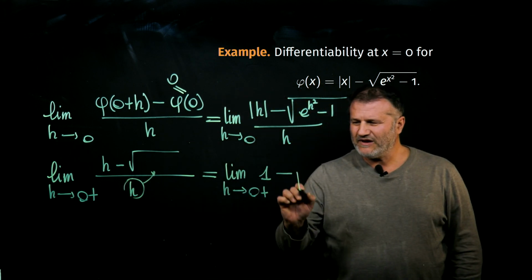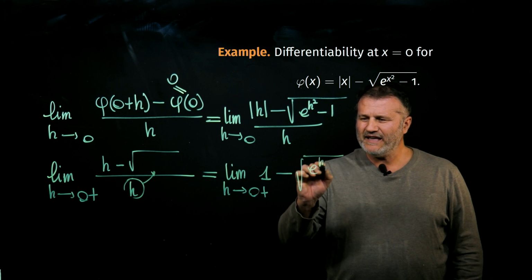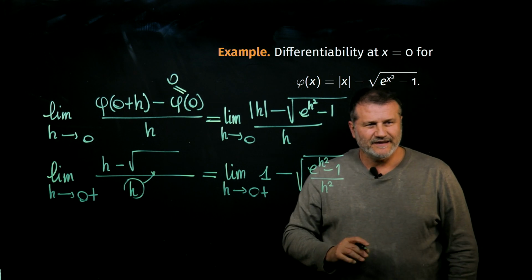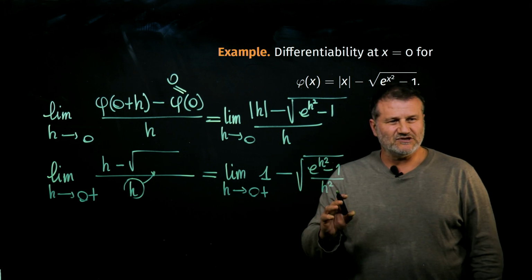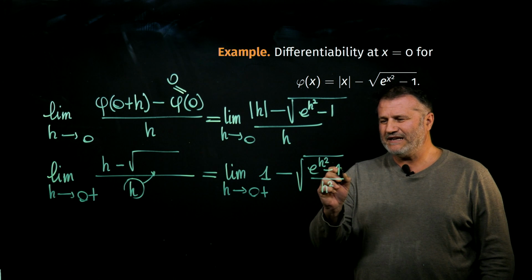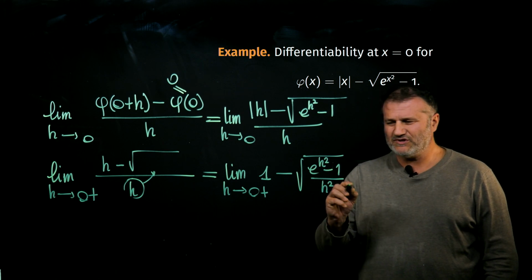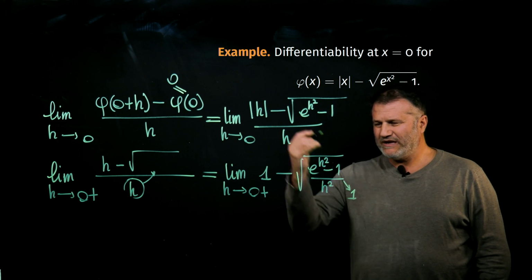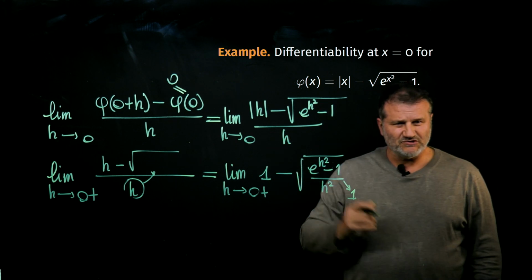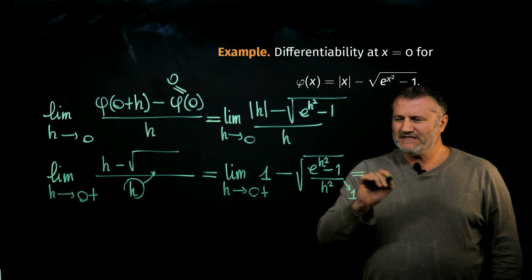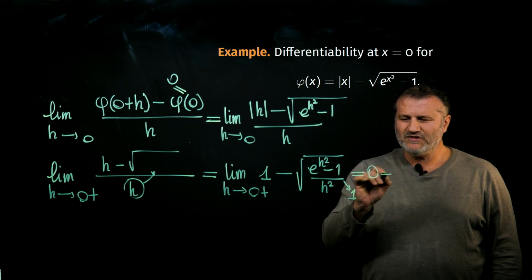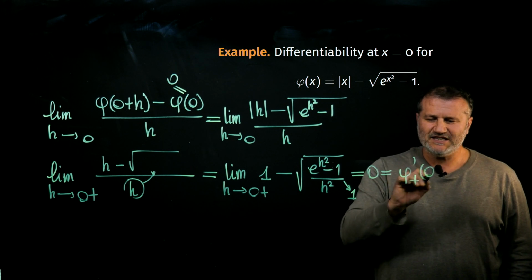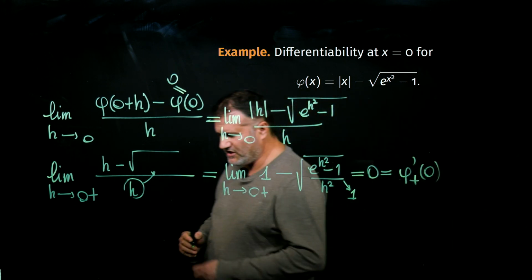It is positive, so I get the root of e to h squared minus 1, divided by h squared. Now here you should recognize the structure of a fundamental limit, e to t minus 1 divided by t when t goes to 0. This quantity goes to 1, and therefore the root will go to the root of 1 because of the continuity of the root, and this means that the limit is 0. So this means that the right derivative of phi at 0 exists, and it is equal to 0.